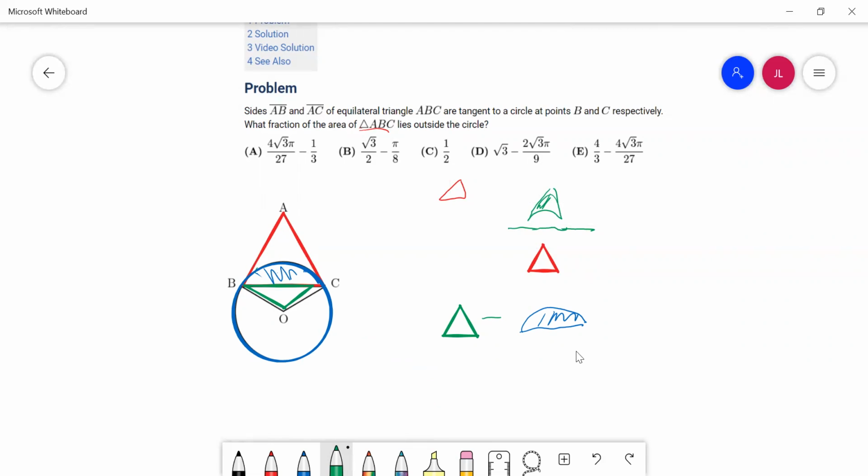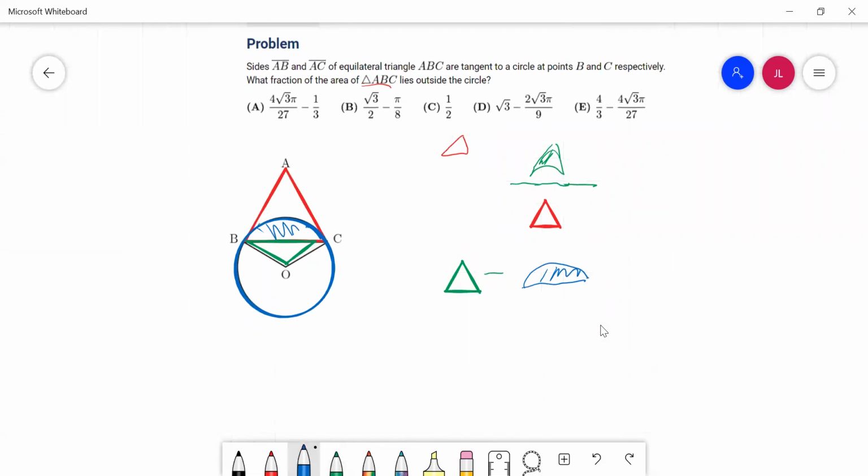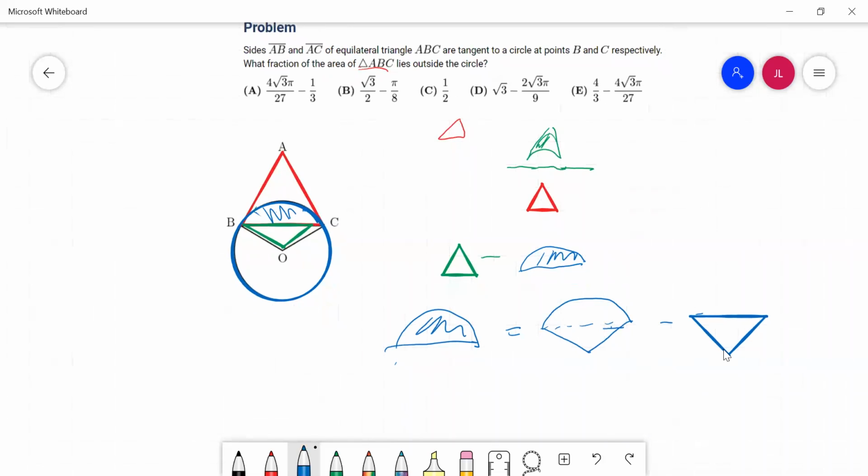So this actually equals the sector, I didn't draw very well, so I'll draw it better, like this one, minus the bottom one, minus this triangle. If we can find the area of this triangle and the sector, we can find the blue crescent-like shape.